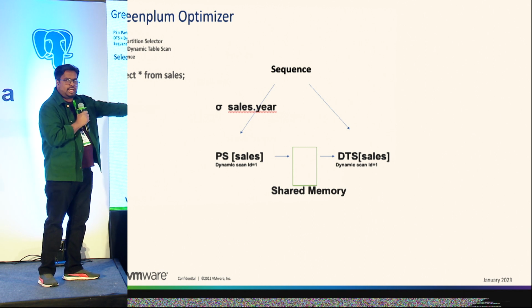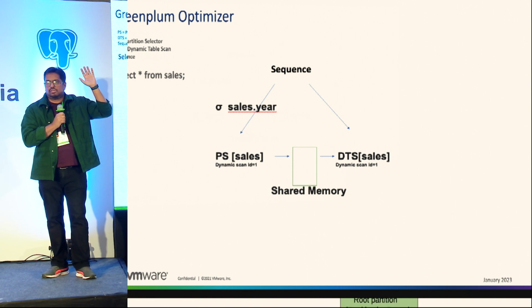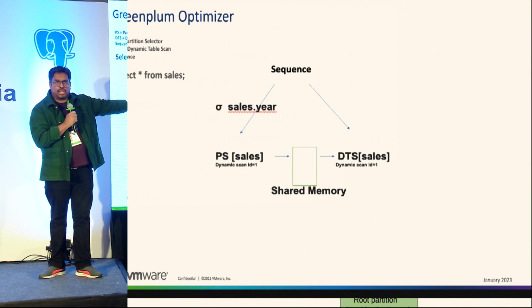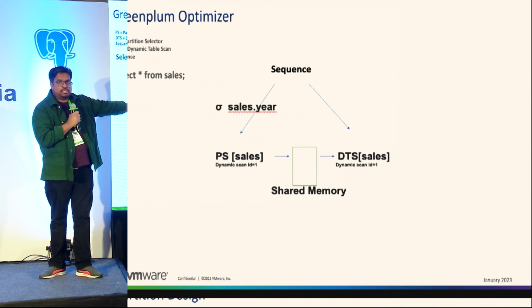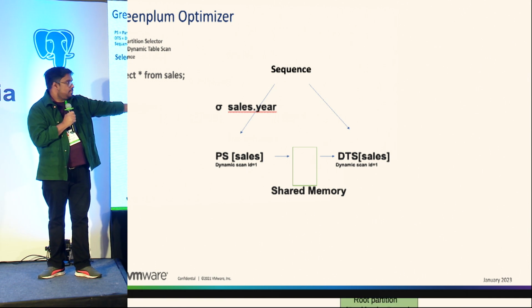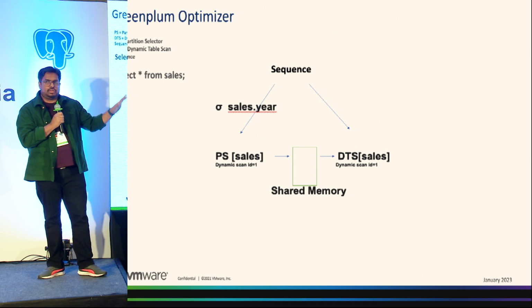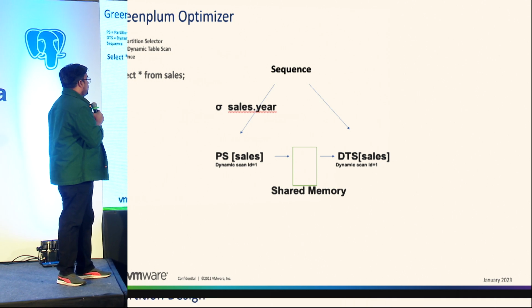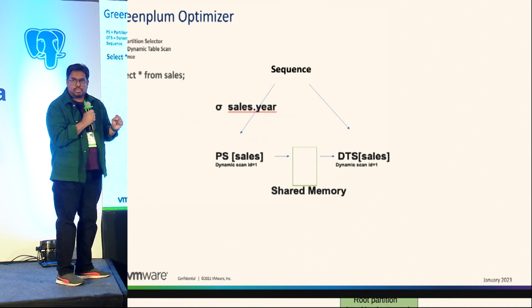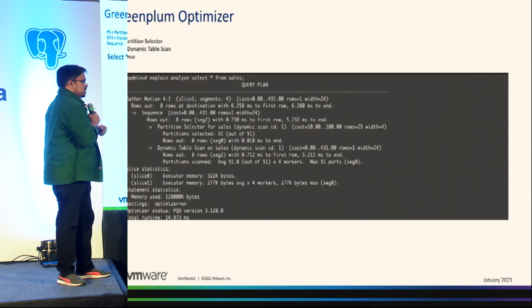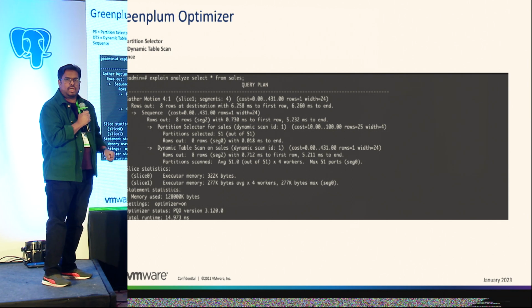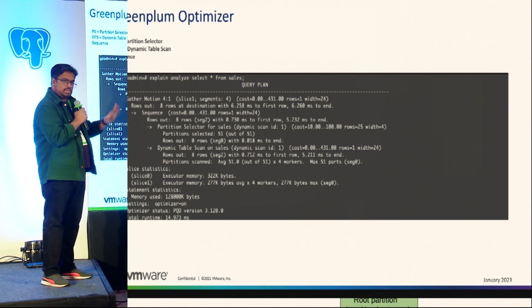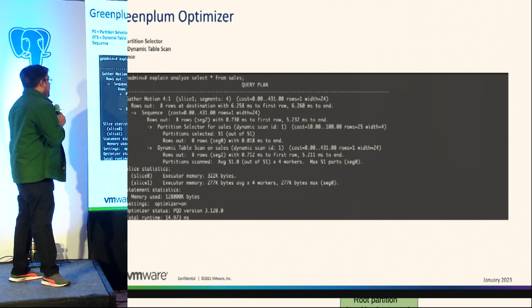The dynamic table scan is nothing but a sequential scan of the partitions that were filtered in your hash table in your shared buffer. So this is the extremely basic partition elimination format of your query optimizer in Greenplum. As we move ahead by introducing predicates or joins on tables, it becomes a little bit more complicated.